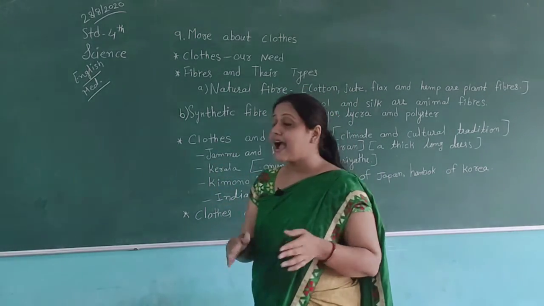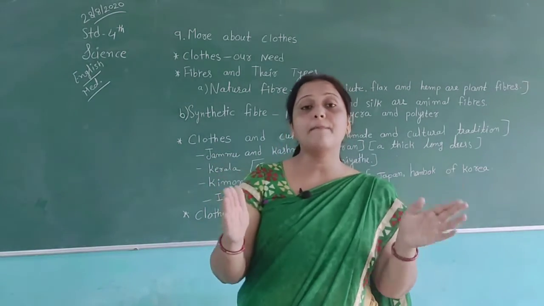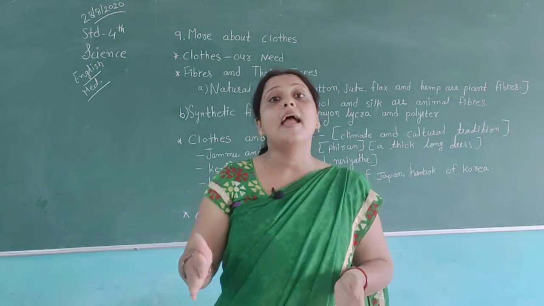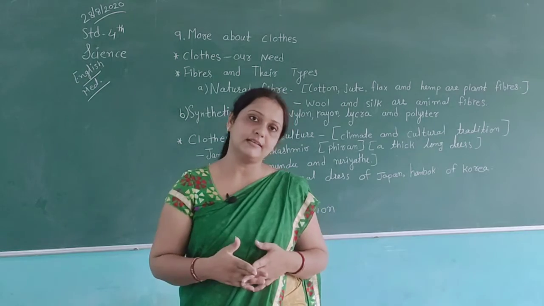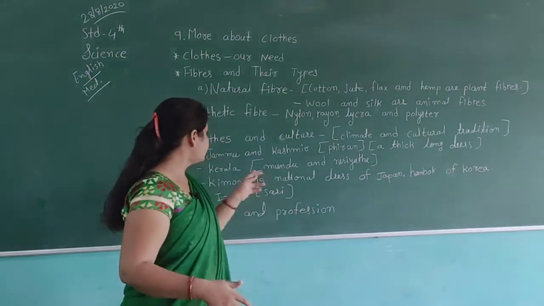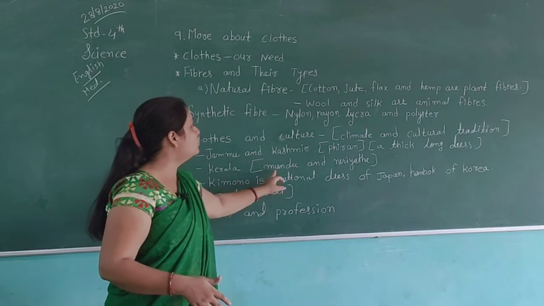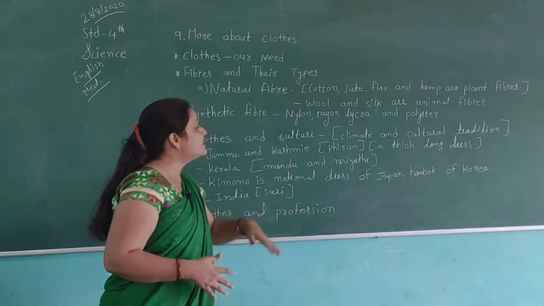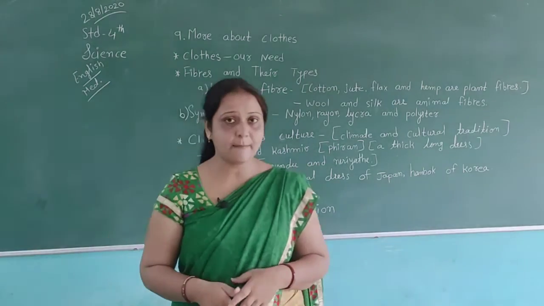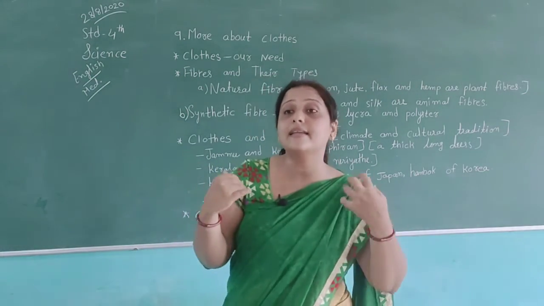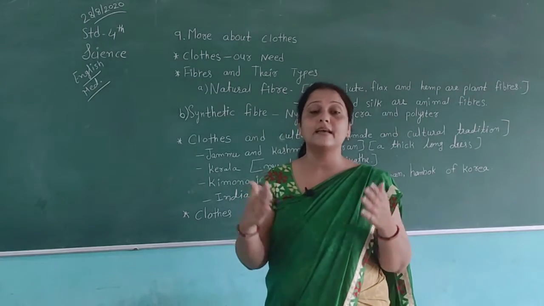Then clothes and culture. People always wear different clothes according to their climate and traditional conditions. In Jammu and Kashmir, you can see the Firan, in Kerala the Mundu, and then the kimono is the national dress of Japan. Then the hanbok of Korea, and the sari.